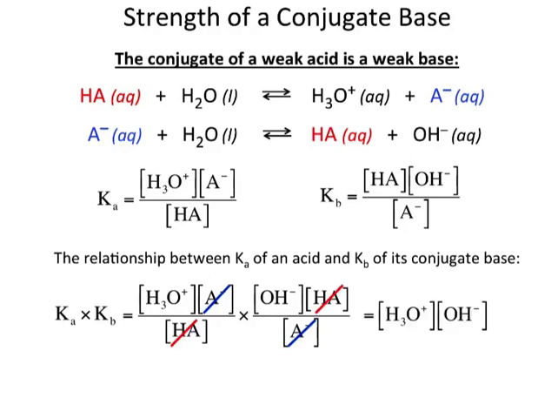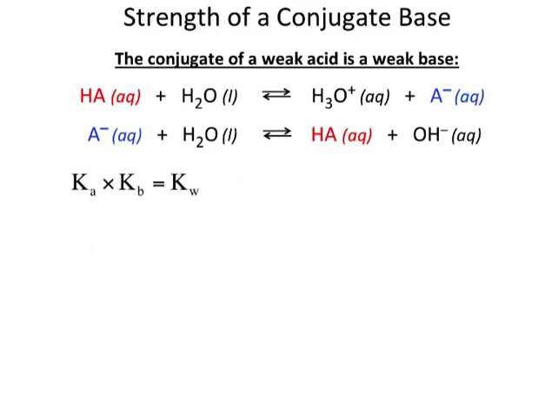And so we're left with the product of Ka times Kb is equal to the product of hydronium times hydroxide, which, hey, that's Kw. That's the autoionization constant of water. We know this number already. And so we can make this a thing: Ka times Kb is equal to Kw. Now, mind you, this is not an acid and some other base. This is an acid and its conjugate base.